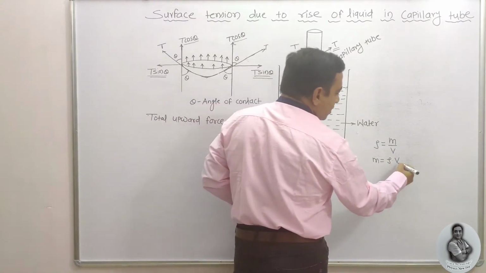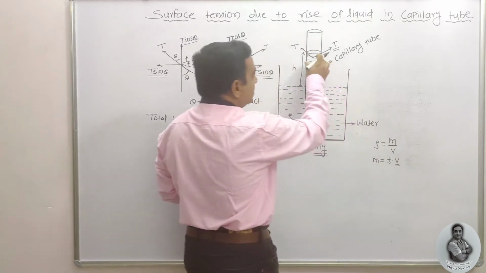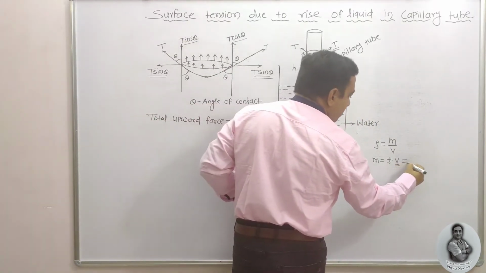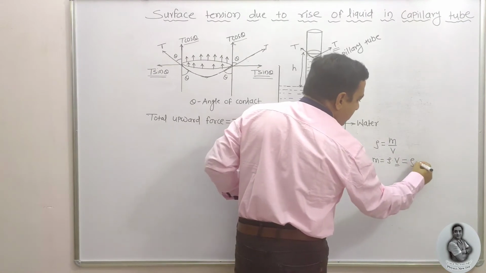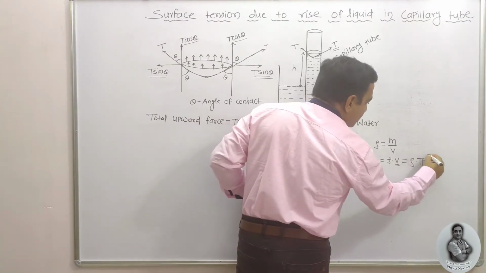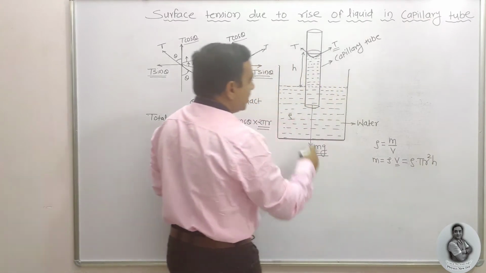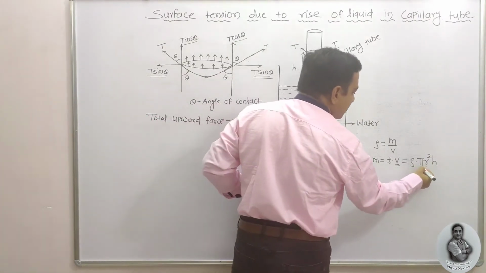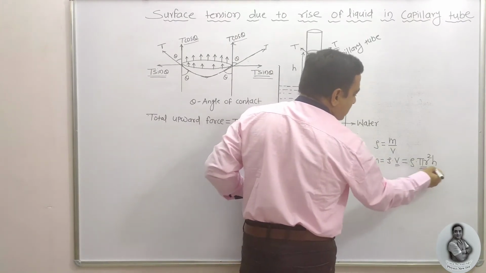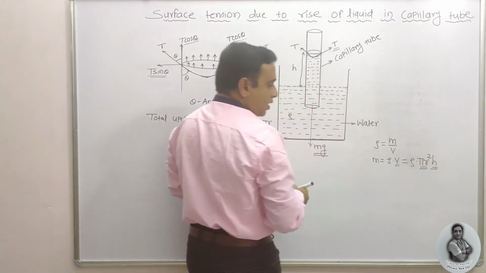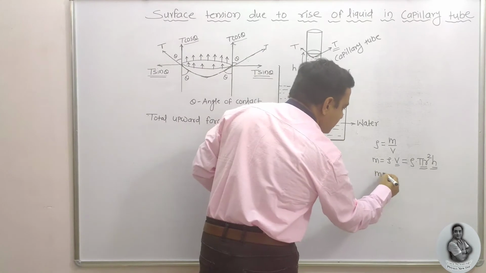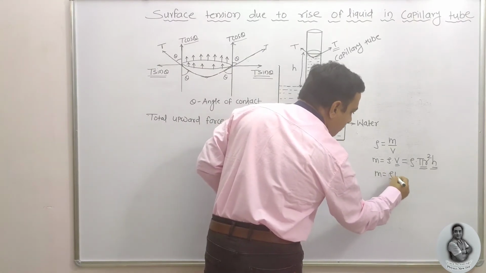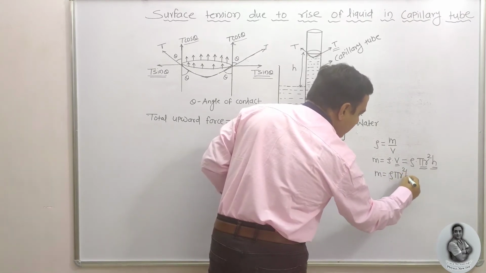But we know the volume of the cylinder, this is cylindrical in shape, is given by area of base into height. Area of base is the circle, which has the area pi r square, into height h. So m is equal to rho into pi r square h.